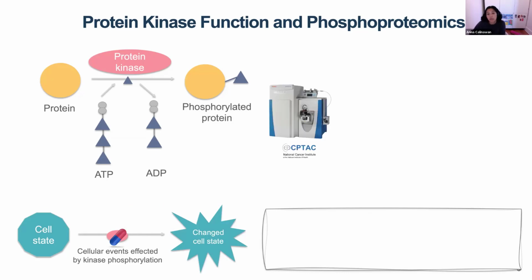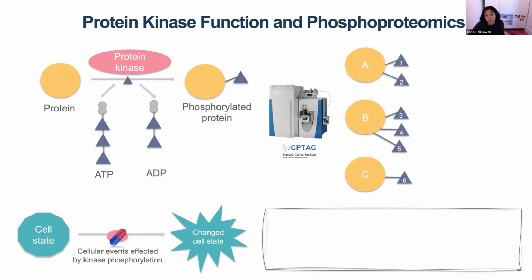To this end, or as part of this end, CPTAC has performed really large-scale mass spec experiments, including the production of multi-omic data, proteomic data, RNA data, as well as really broad, really deep phosphoproteomic profiling.